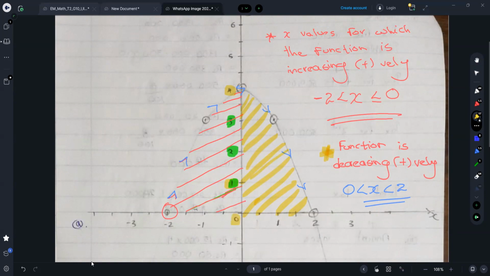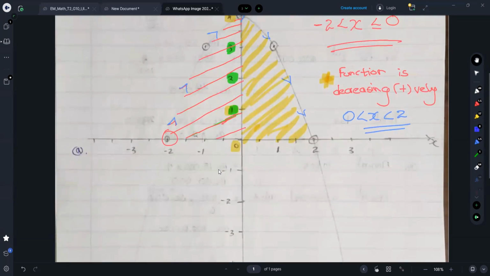Up to 0, the function is decreasing. So you can use highlighters, marker pens, anything, and you can color this area. This is not in the paper, I'm just writing it for you to remember.